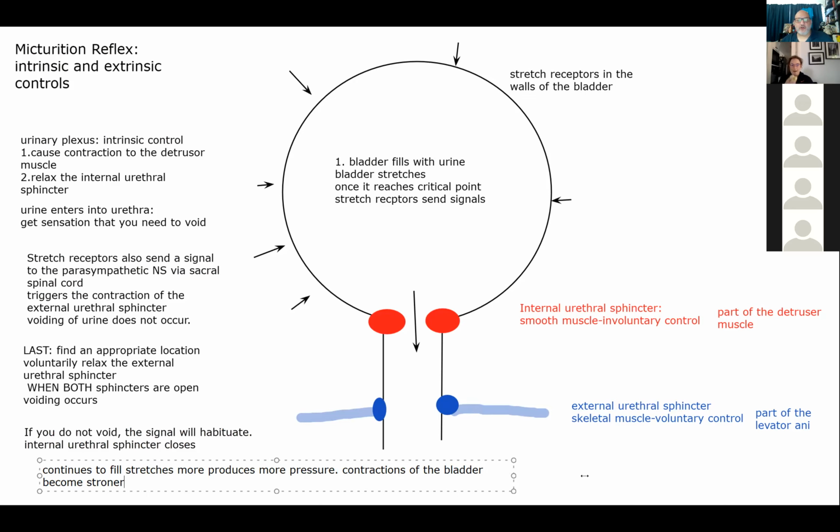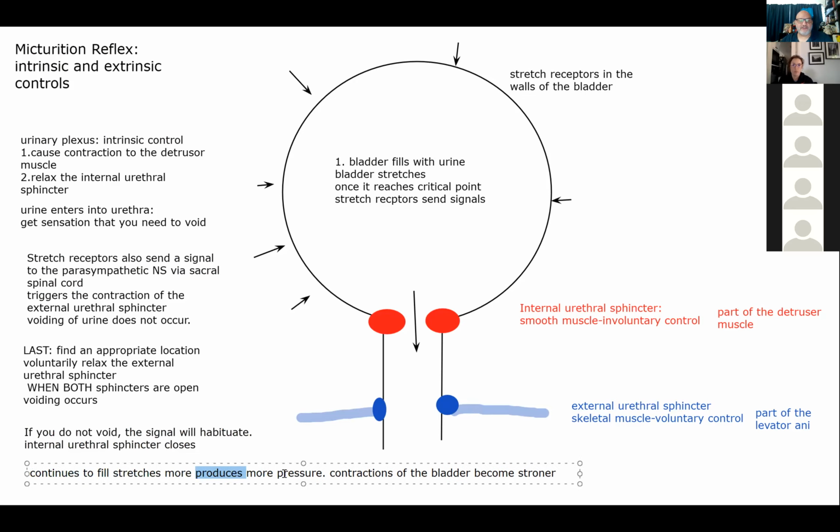So as a result of that, if you continue to hold it and continue to hold it, what can end up happening? You have an accident. Yeah, what can happen is the pressure can become great enough, not stronger.